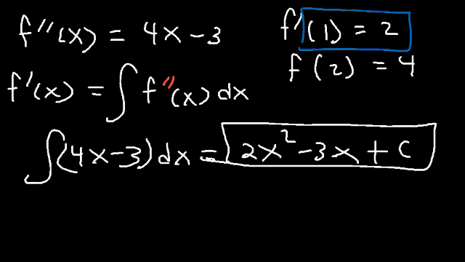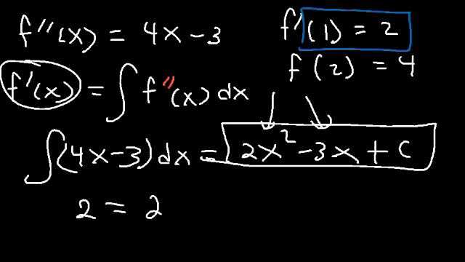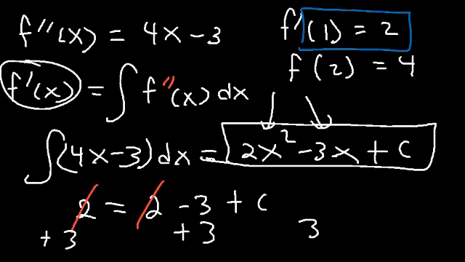So let's replace f prime of x with 2, and let's plug in 1 into the equation. It's going to be 2 times 1 squared, which is 2, minus 3 times 1 plus c. So these 2 can cancel if we subtract both sides by 2. And if we add 3, we can see that c is equal to 3.